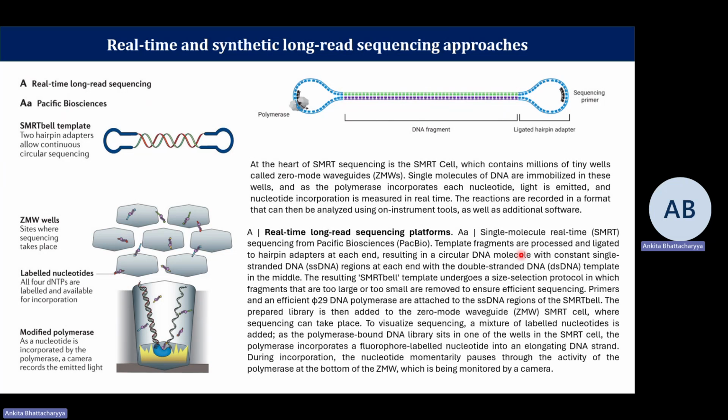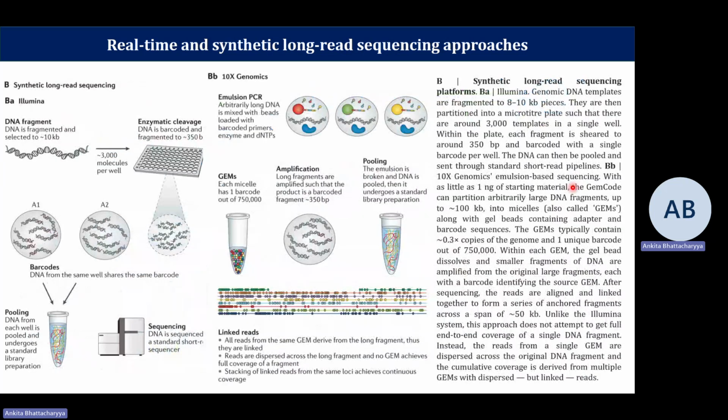And all four dNTPs are labeled and available for incorporation. When the nucleotide is incorporated by the polymerase, the camera records the color of the emitted light, and based on that, you can tell which base actually got incorporated, and you will get more idea about it. Then you have real time and synthetic long read sequencing approaches.